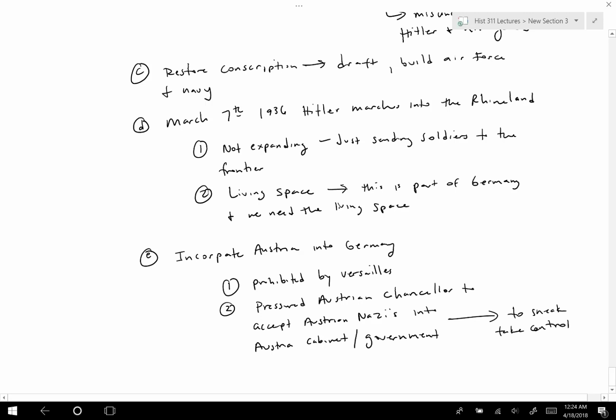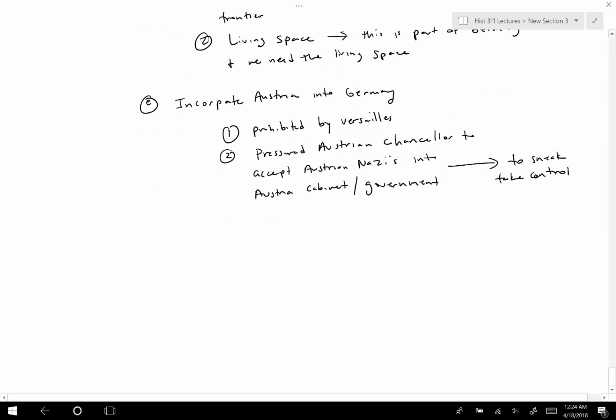It's all that sneaky groundwork, and then ultimately when there was resistance, Hitler drew up plans for invasion and demanded that a new government be formed by the Austrian Nazis.